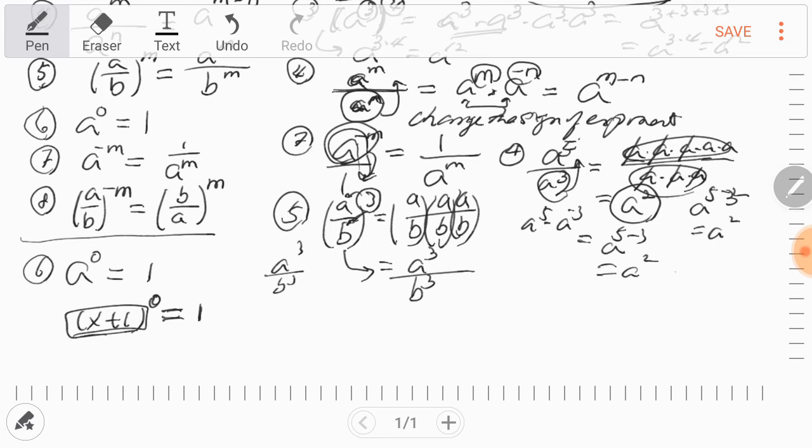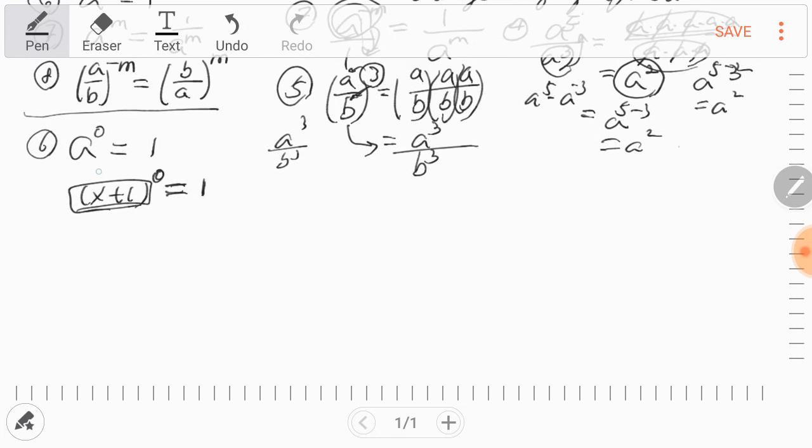If the base is 0, then this is undefined. So we will assume that the base is not 0. Then something to the 0 power is 1.